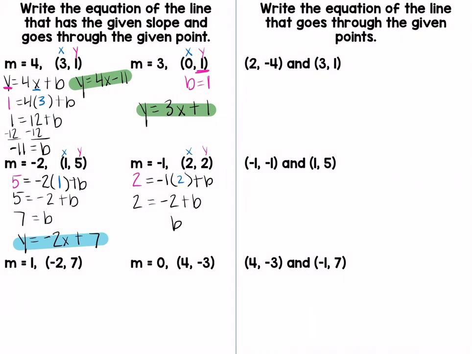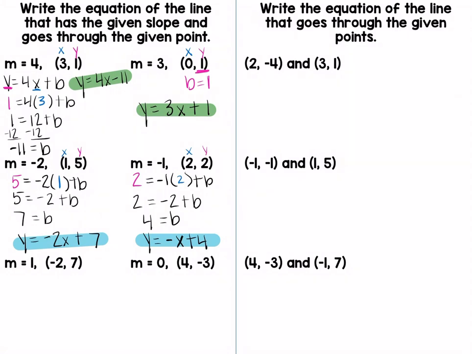So then b would be 4, because I just add 2 to both sides. So now that I have that, I'm just plugging in my equation. So y equals negative x, or negative 1x, if that makes you feel better, plus 4. So there's your answer. That's your equation for that line.